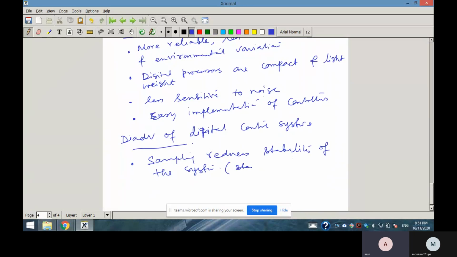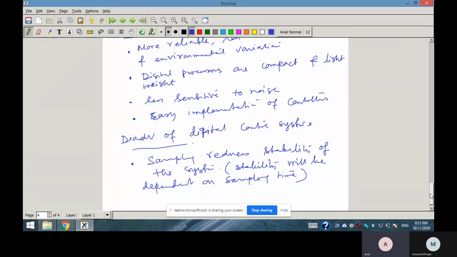So as sampling time is made small, stability increases. That means as sampling time tends to zero, the stability of the discrete time system or the sampled data system will converge towards the continuous time system.